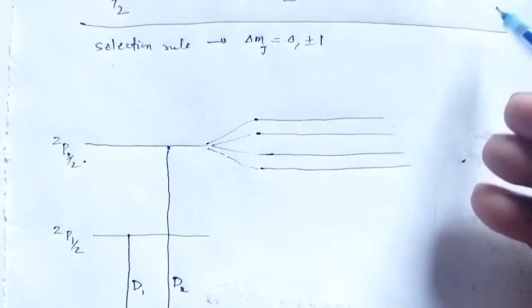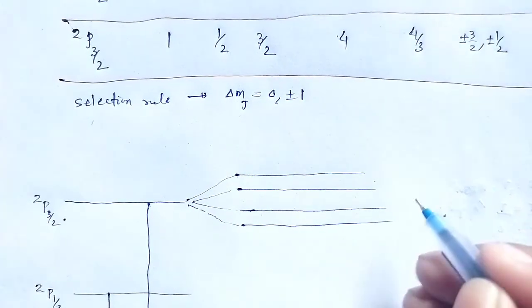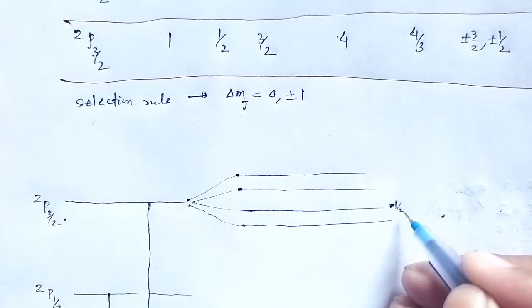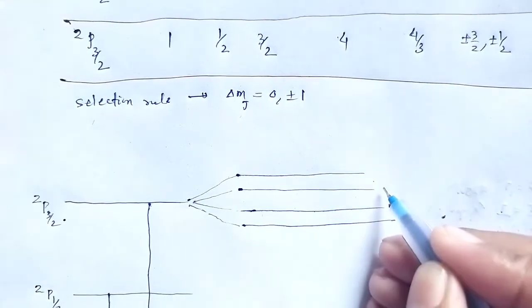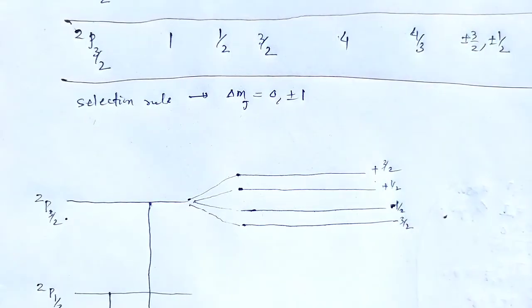That is, minus 3/2, minus half, plus half, plus 3/2.